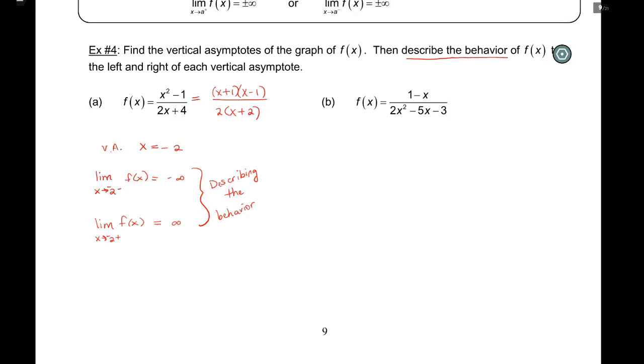All right, how about the next one? Does the denominator factor? Yes: 2x plus 1 and x minus 3. Does anything cancel?